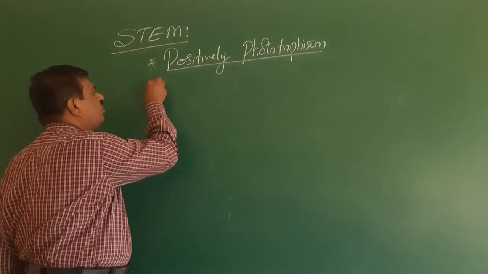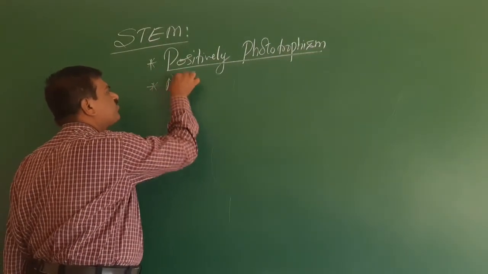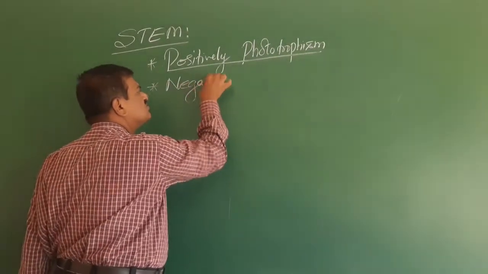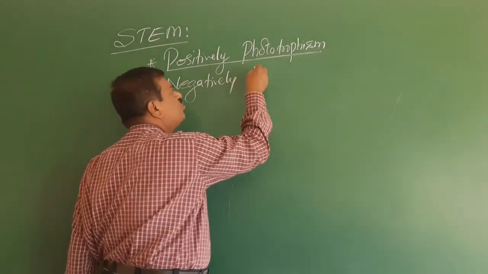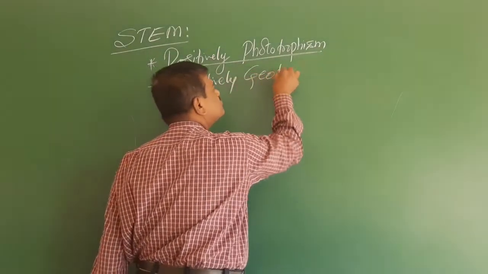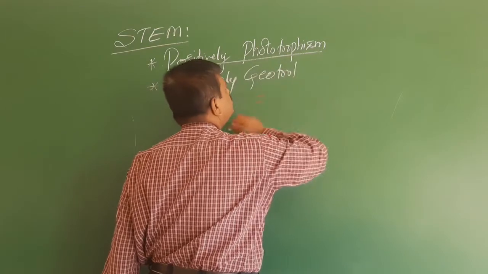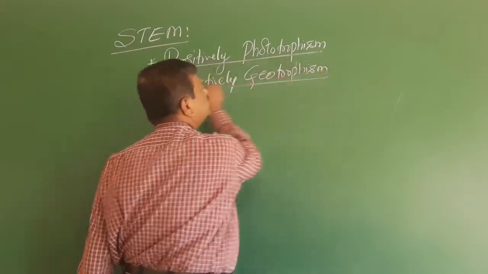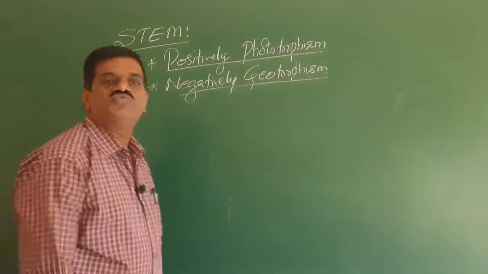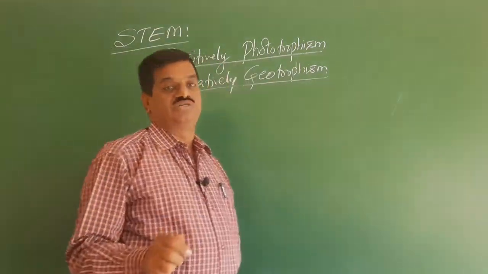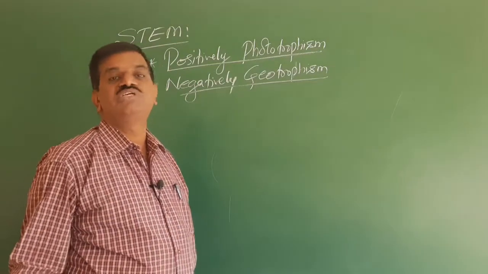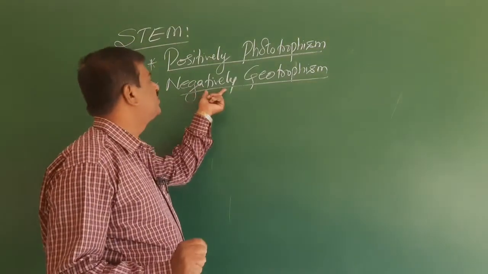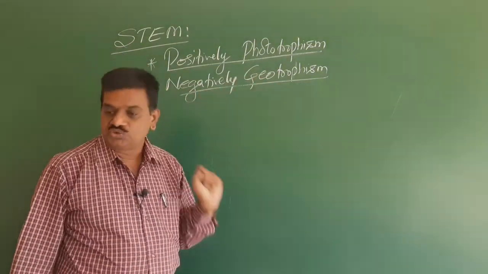And they are always negatively geotropic. The word geotropism: the stem never moves towards gravity. So we use the word negatively geotropic.